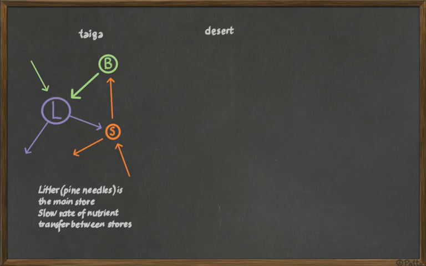Let's take a look at another one, desert. Deserts have very small biomass. There are not many plants, not much life growing there. Not because of temperature. In this case, it's because of water. There's not enough water for plants to keep growing. But whatever grows in there eventually dies, and when it dies, it becomes part of the litter.